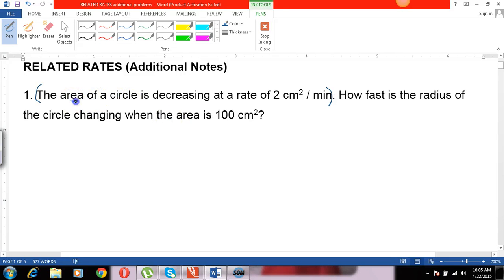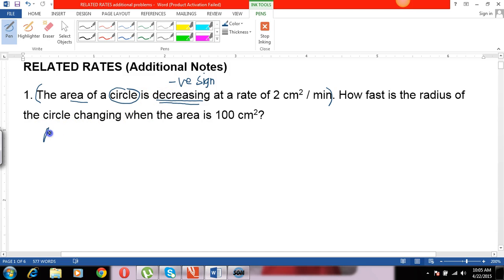We have the area of the circle as in the previous example, but now we have the word decreasing. Decreasing represents a negative sign. So the area of the circle is decreasing.